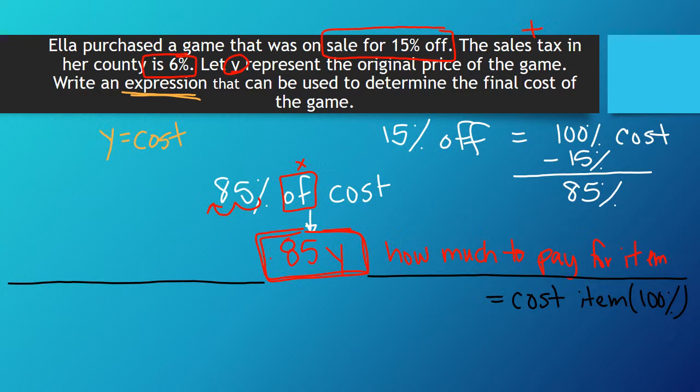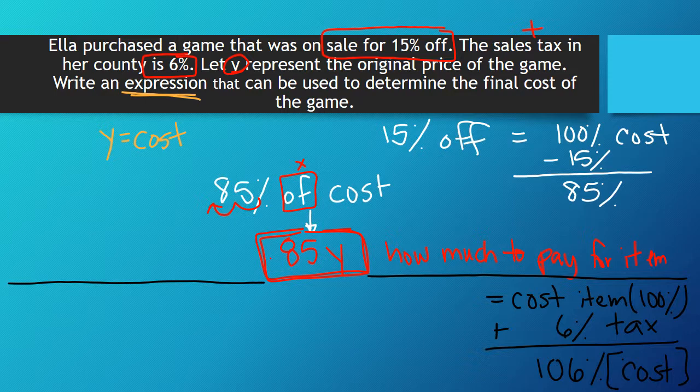And we're also going to pay a percentage of it, a sales tax, which is 6%. So if you think about this, we're now paying 106% of whatever our cost is. And this cost might be the original cost, it might be the discounted cost, depending on where you are.